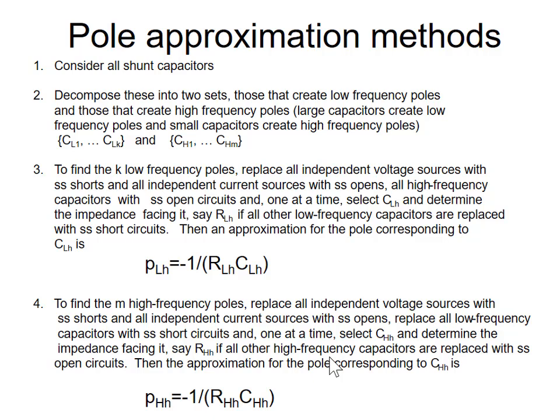So we're going to decompose the capacitors into 2 sets. Those capacitors that create low frequency poles and those that create high frequency poles. Large capacitors create low frequency poles. Small capacitors create high frequency poles. So I'm going to label those CLO1 through CLOK and CH1 through CHN.